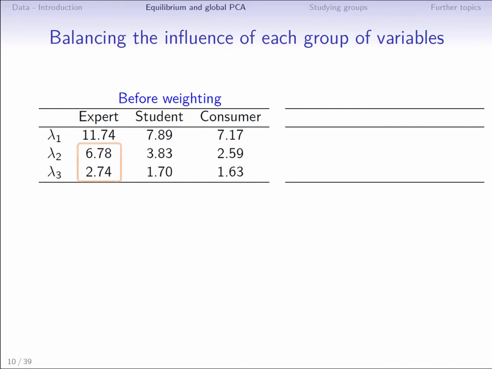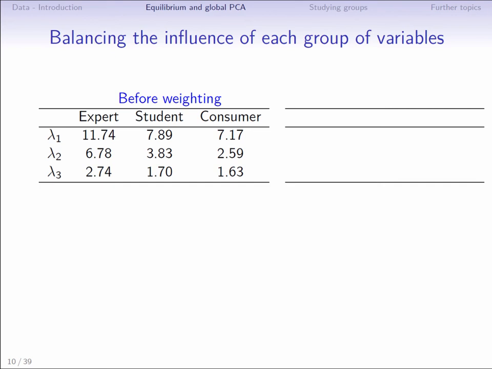We also note that the following eigenvalues, eigenvalues 2 and 3, are larger for the jury of experts. If a PCA were to be constructed on the whole dataset without first weighting the juries, the jury of experts would strongly influence the results, in the sense that the first dimensions of the analysis would be very much related to the description of the jury of experts.